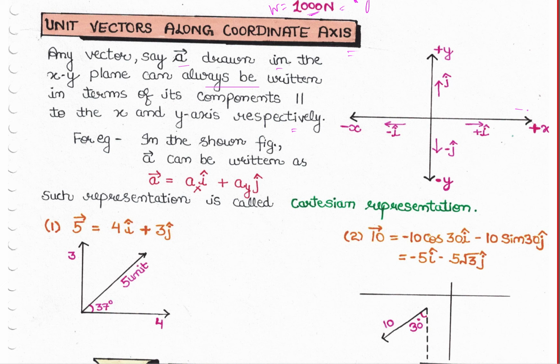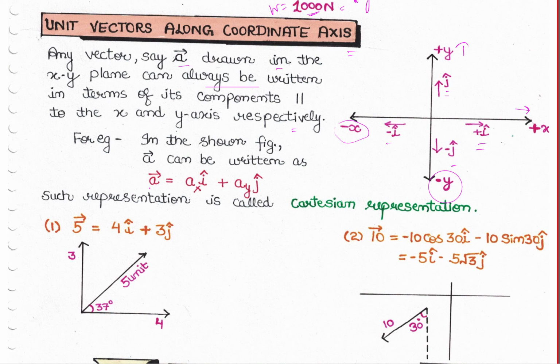So if this is our x axis, this is our y axis, this is our negative x axis and this is our negative y axis, we take the unit vector along the positive x axis as plus i cap, along the positive y axis as j cap, along the negative x axis as minus i cap, and along the negative y axis as negative j cap.